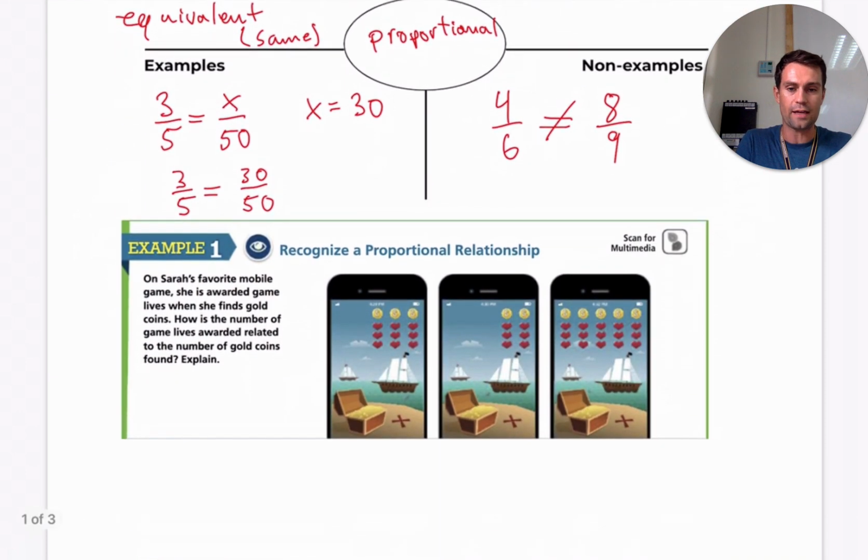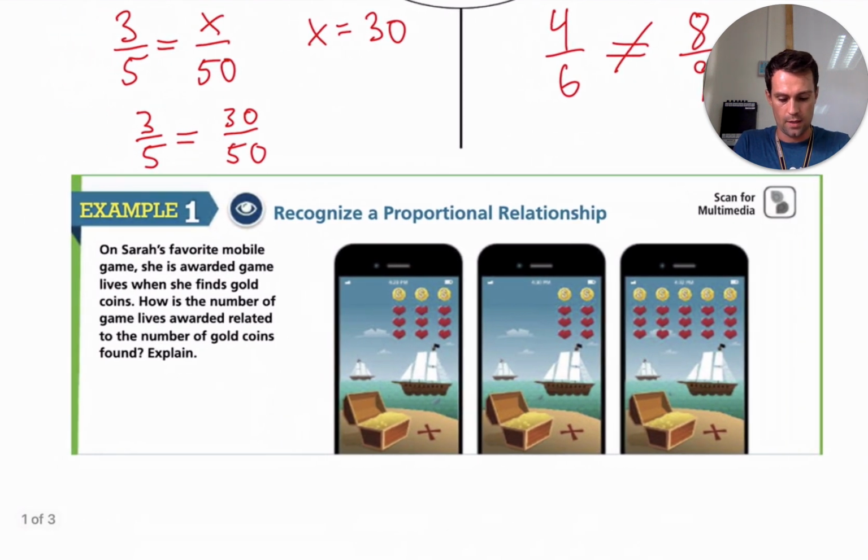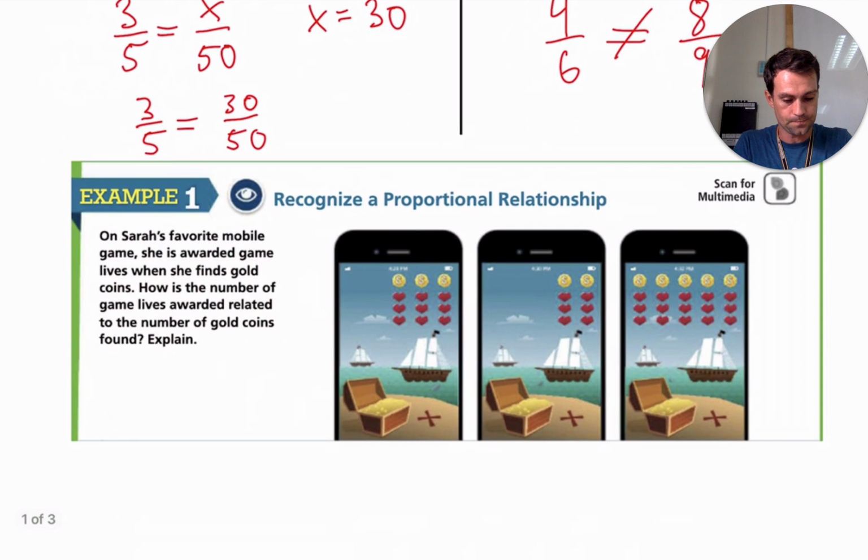All right, so we're going to recognize proportional relationships. So, on Sarah's favorite mobile game, she is awarded game lives when she finds gold coins. How is the number of game lives awarded related to the number of gold coins found? Explain. So we can see here that 1 gold coin is equivalent to 3 lives.